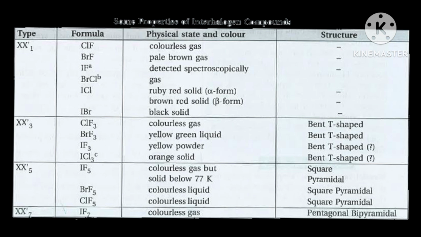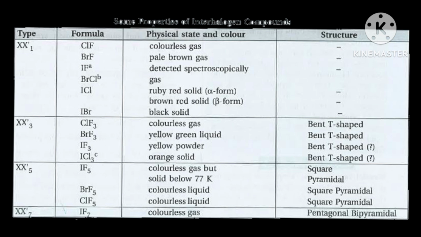The XX'3 compounds have the bent T shape. The XX'5 compounds are square pyramidal, and IF7 has a pentagonal bipyramidal structure. Already I have discussed.